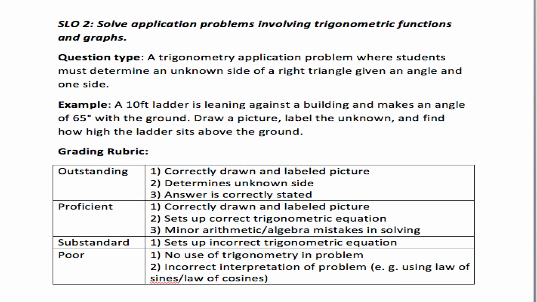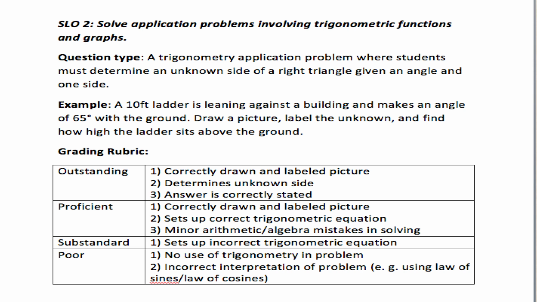So there's also a second SLO that is tested in this Math 4 Common Assessment. In this SLO, they want students to solve application problems involving trigonometric functions and graphs. So first of all, they identified the question type. It's important that the question type remains the same, but there's a little bit of latitude in here.